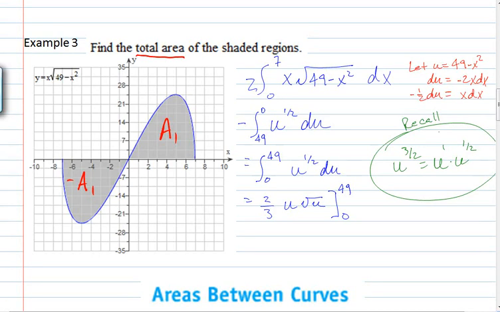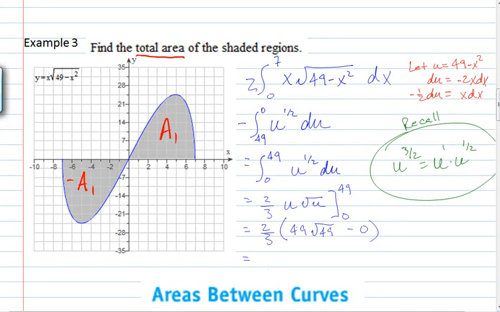So this ends up being 2/3 times, when we plug in our upper bound, we get 49 times the square root of 49 minus 0, because that's our lower bound. 49 is not divisible by 3, so this is going to be 98 thirds times 7.